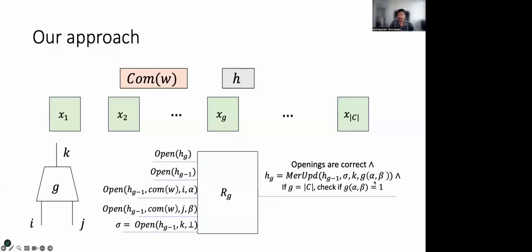That is the output of this gate. And note that this is efficiently checked if one also takes in the openings to the wire k in Hg minus 1, and this is a property of Merkle tree. And finally, if g corresponds to the final gate, then it checks whether the output is 1. Okay, so this is what the relation corresponding to the gth statement checks.